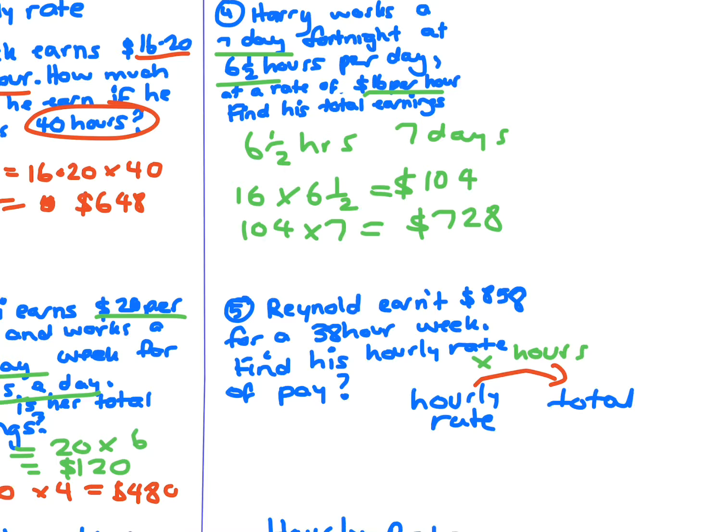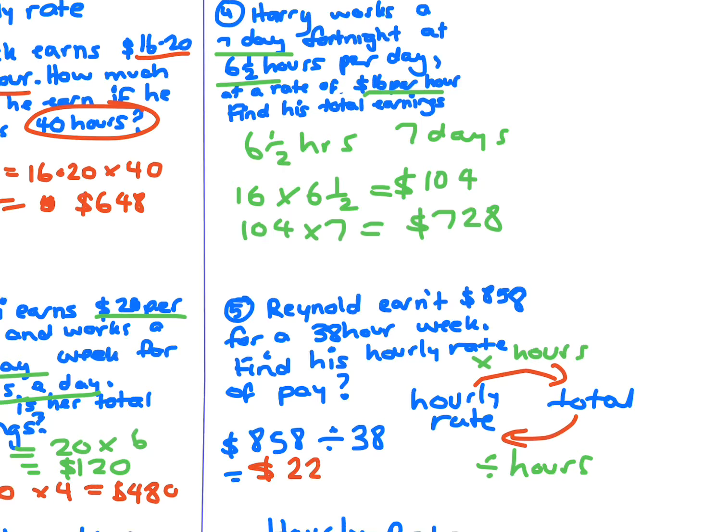But if you're going backwards and you want to go from your total backwards, you have to do the reverse operation. So you divide by the number of hours. So that means that you have $858 and you divide it by 38. 858 divided by 38, and you'll end up with $22.58.